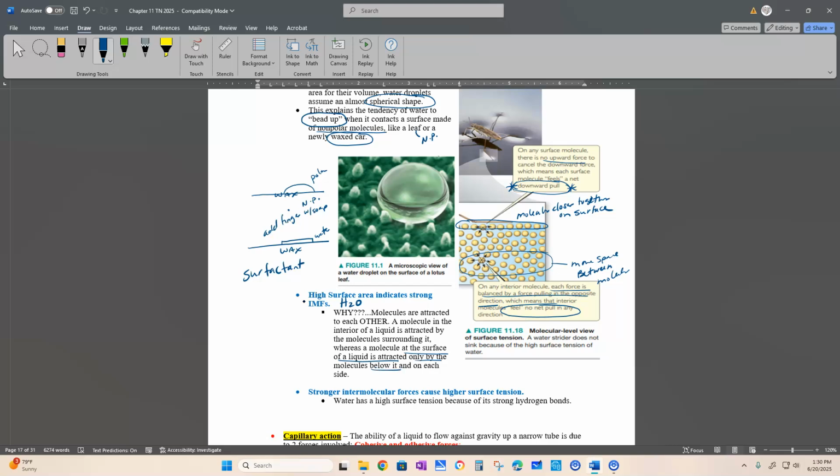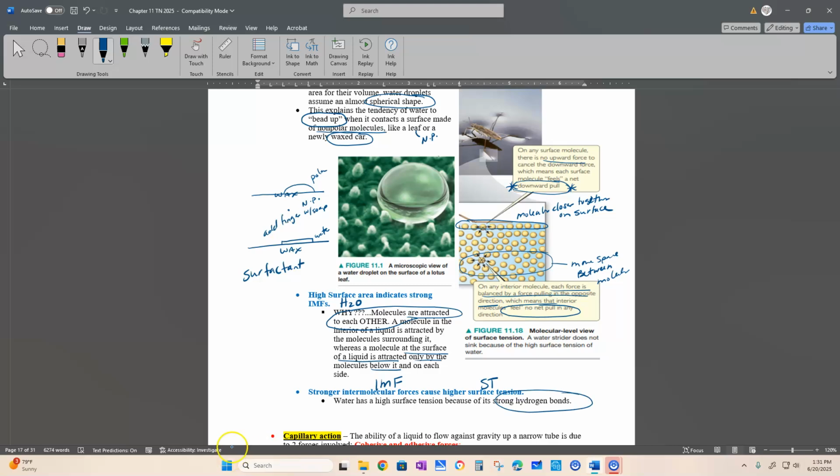Okay, so if you have very strong forces, they are very attracted to each other. So trying to break through that surface is going to be really tough. Stronger intermolecular forces cause stronger surface tension. Water has actually one of the highest surface tensions out of any chemicals because of its strong hydrogen bonds.